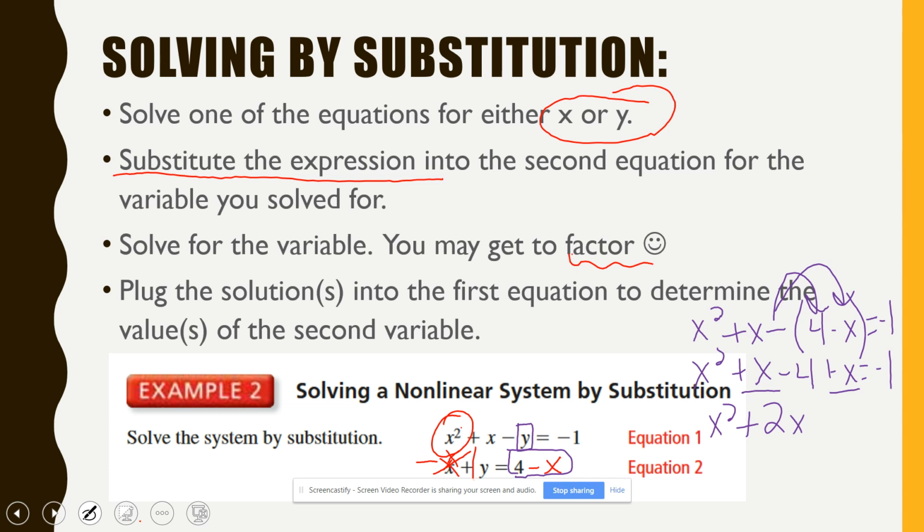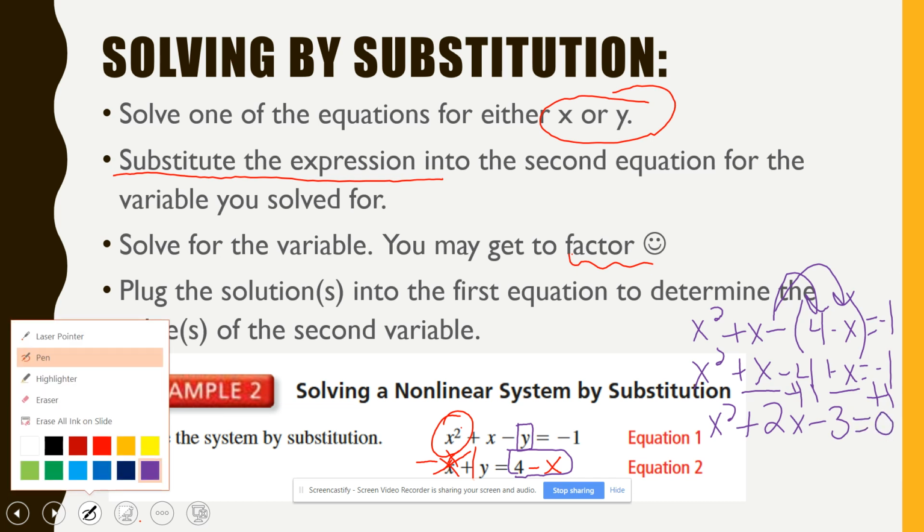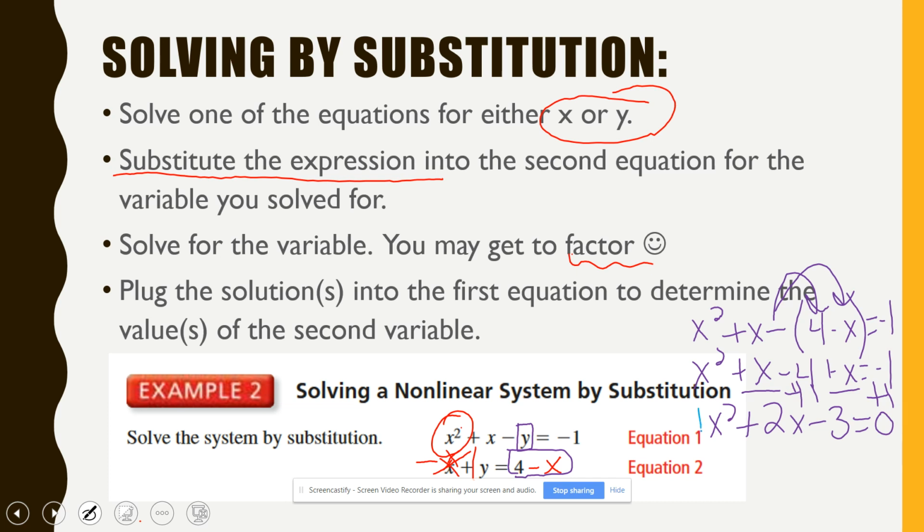Because I know I'm probably going to have to factor, and my equation has to be set equal to 0 in order to solve by factoring, I'm going to add the 1 over on the right to the -4, its like term on the left, which gives me a balance of -3. So now we're factoring. 1 times -3 is -3.